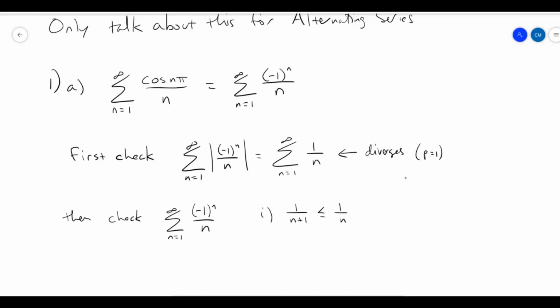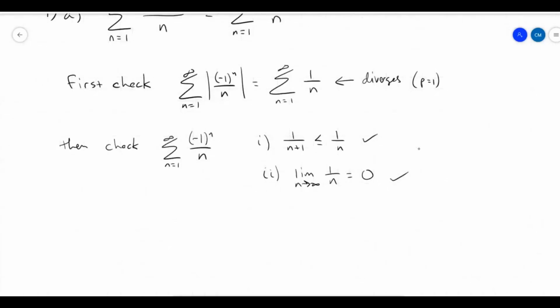Yes, 1 over n plus 1 is definitely less than 1 over n. And then the other part of the alternating series test is that the limit of these non-negative terms has to be 0, and it clearly is. So it passes both parts of the alternating series test. So that means that this one converges by the alternating series test.